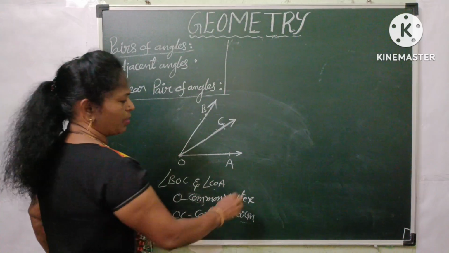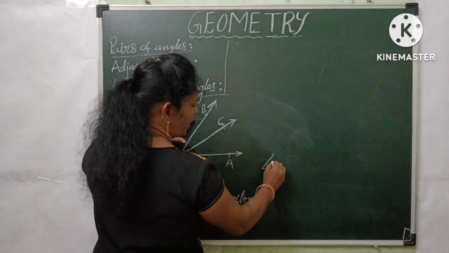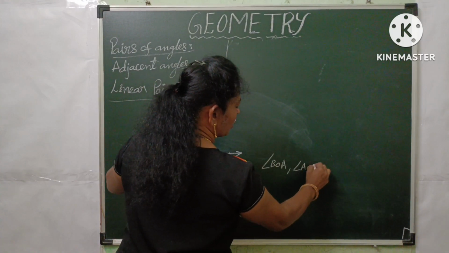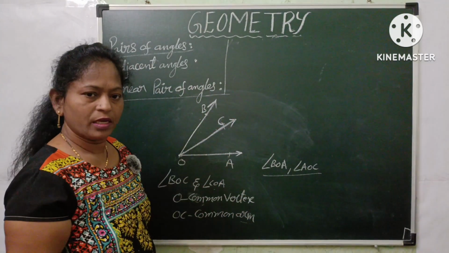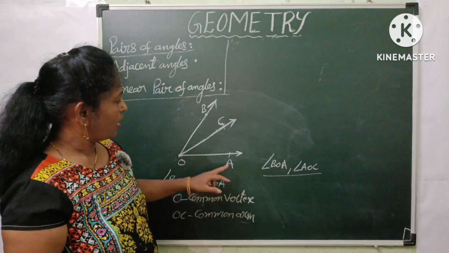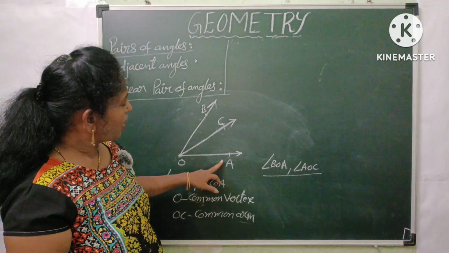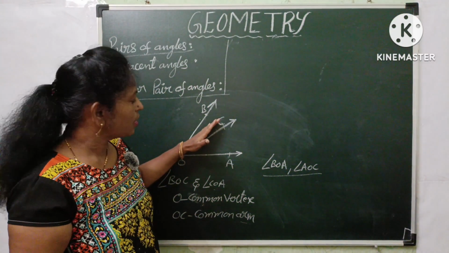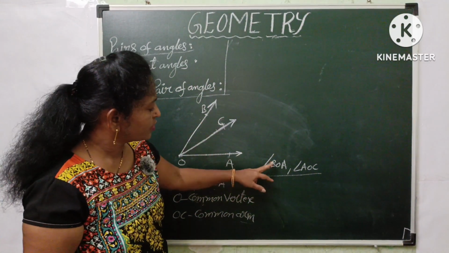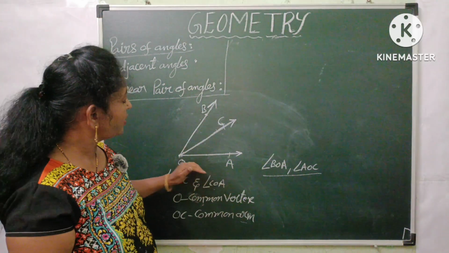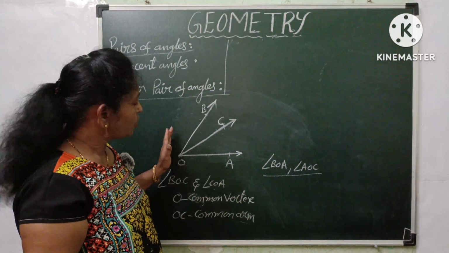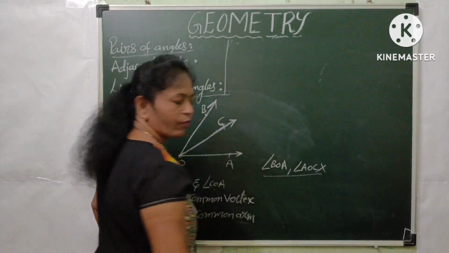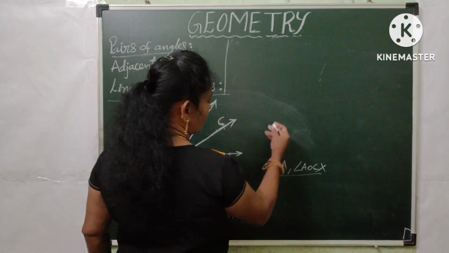Let us see, suppose angle BOA and angle AOC. Are these adjacent angles? No. Why? Because OA and OB are on either side of the common arm. So the angle BOA is formed by the two sides, and it doesn't have a common arm. So this is not correct. Okay, and also check one more figure.